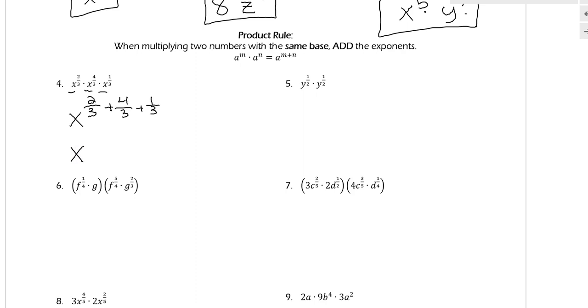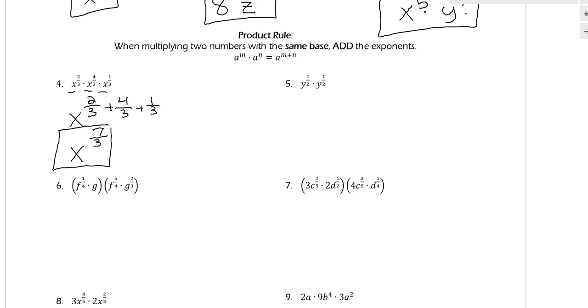With adding fractions, if they all have the same number on bottom, remember you're just adding the numbers on top. 2 plus 4 plus 1 is 7/3. If you struggle with adding fractions, get a calculator. You can use a calculator on everything. So don't be afraid to use your calculator for those things that you struggle with.